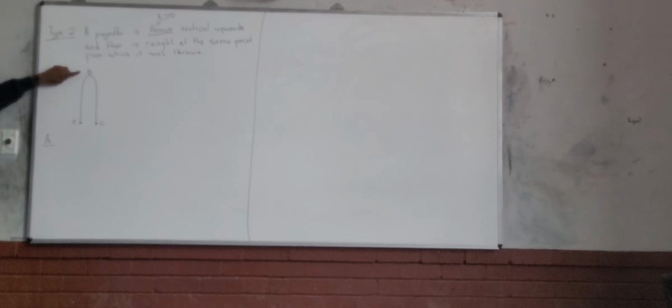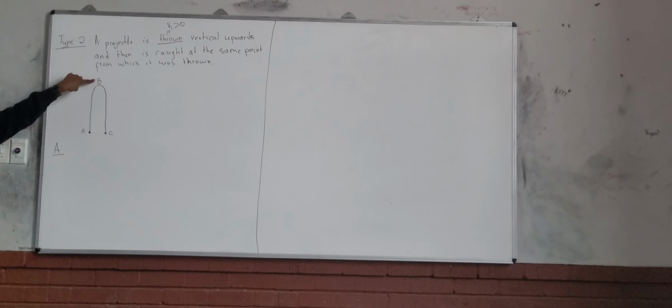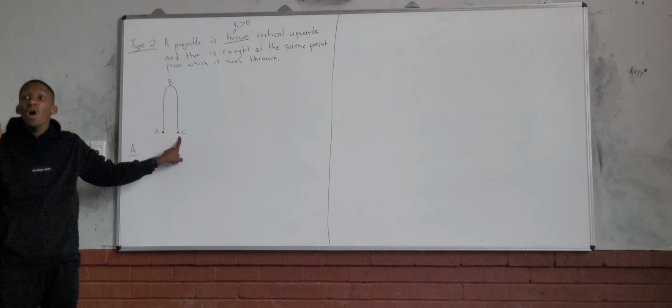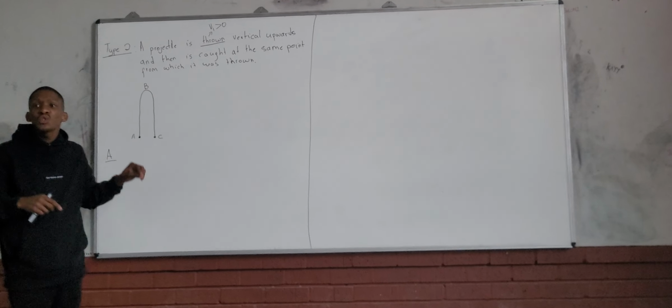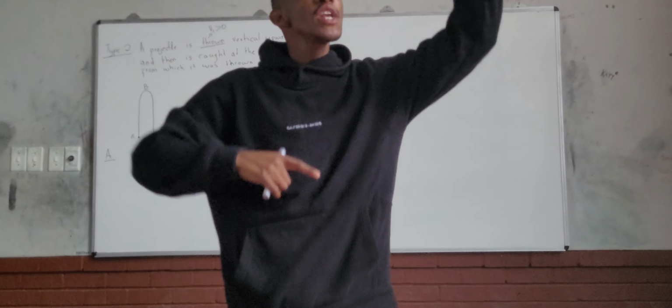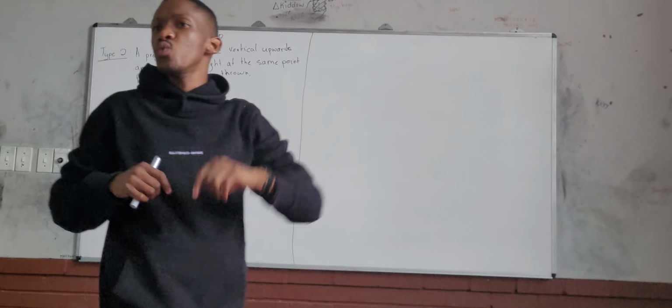But when you are working with point B and point C, B becomes your initial point and C becomes your final. So it depends on which points of the motion you are working with.